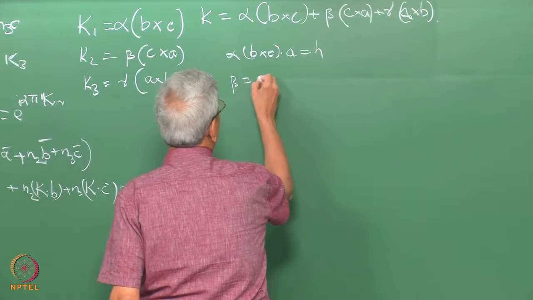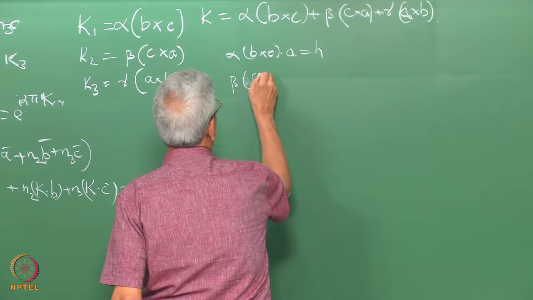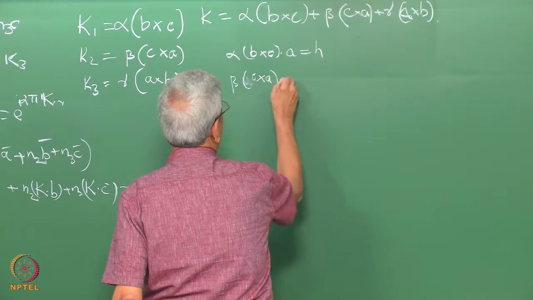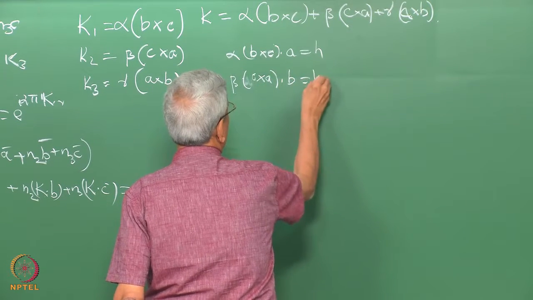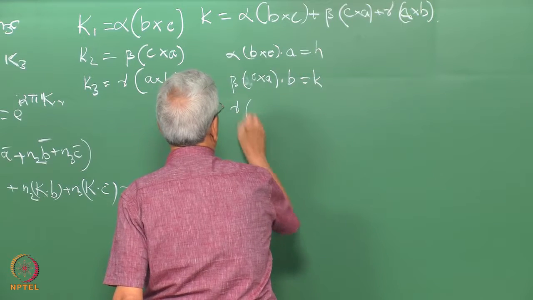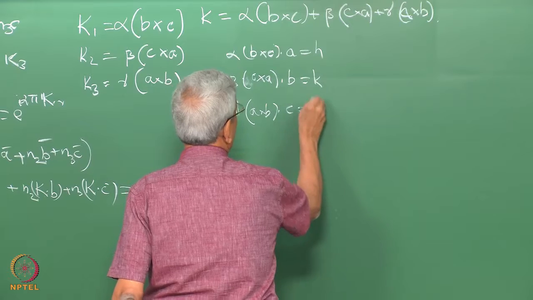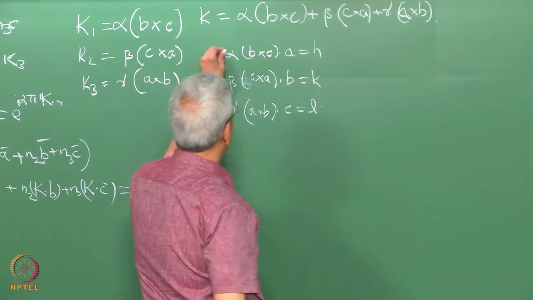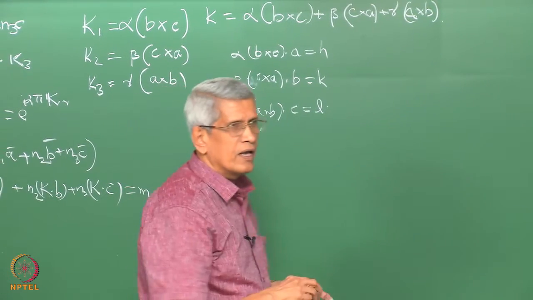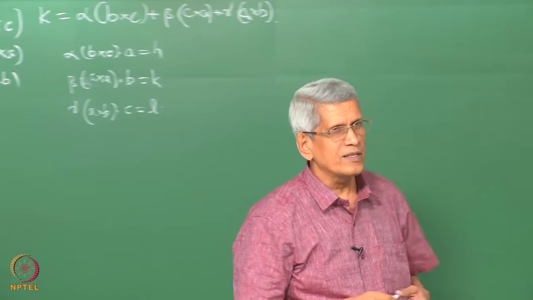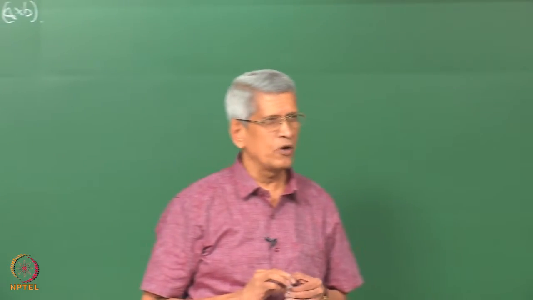Beta into C cross A dot B will be equal to k, and gamma into A cross B dot C will be equal to L. From this we have got the values of alpha, beta, gamma.